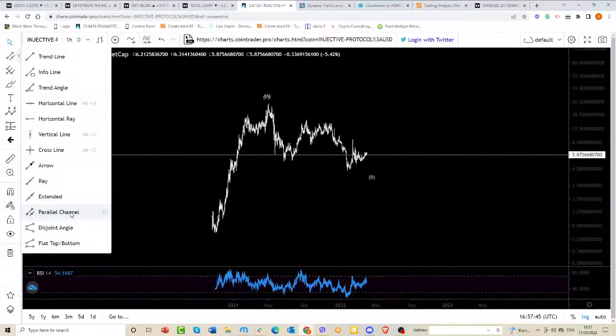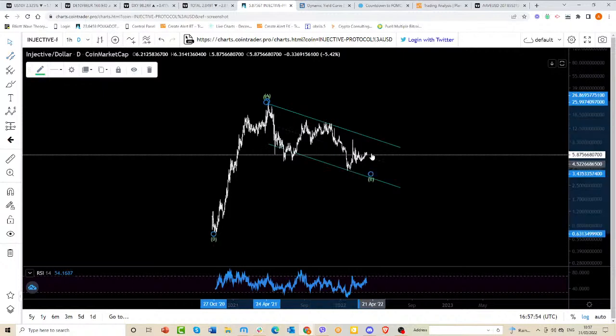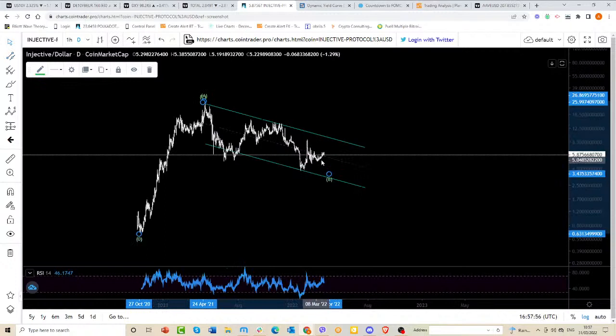You can also do this parallel channel here, and this might also be a triangle with one more dump. But definitely, if you see some type of a continuation above this upper trend line, especially in 5 waves, that will mean this one qualifies for a continuation on the upside, and that upside might be pretty large in development.